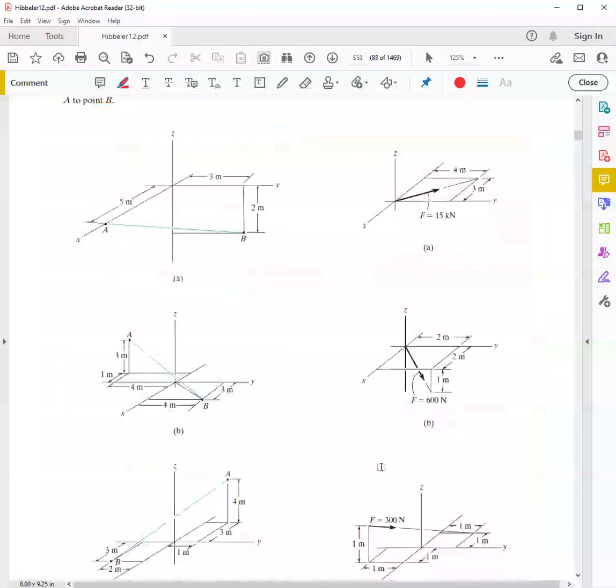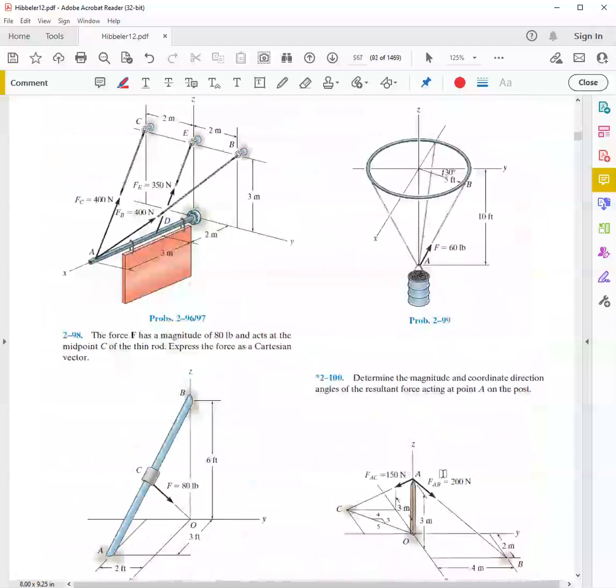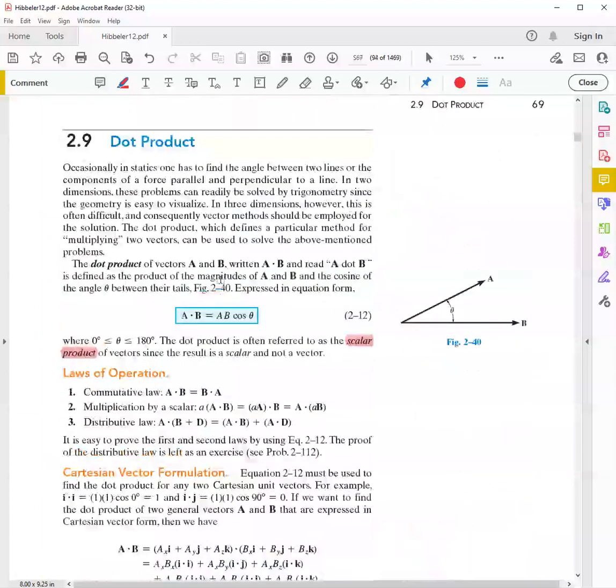Next section is on what's called the dot product. You'll see dot products in use when calculating the work of a force, for example. It's an operation with 2 vectors that yields a scalar as a result.